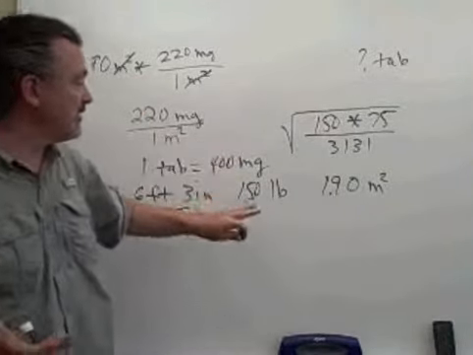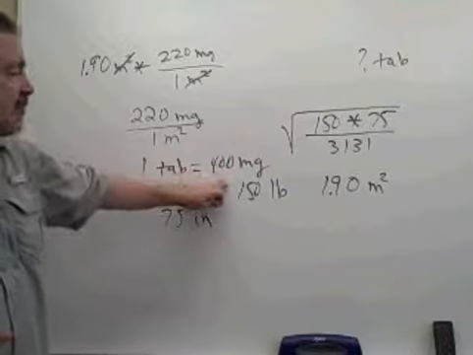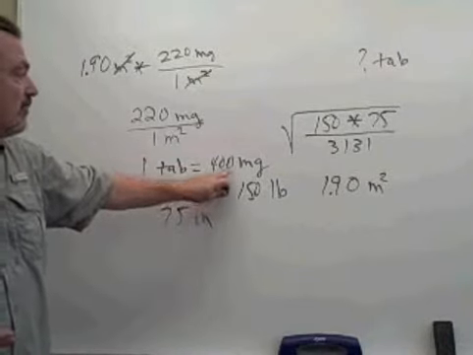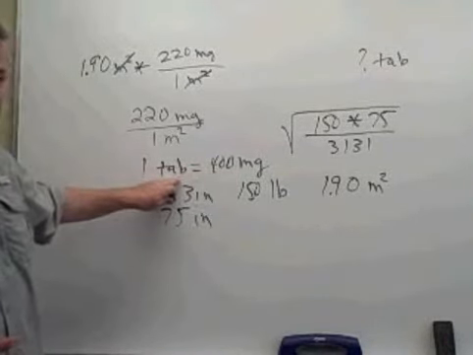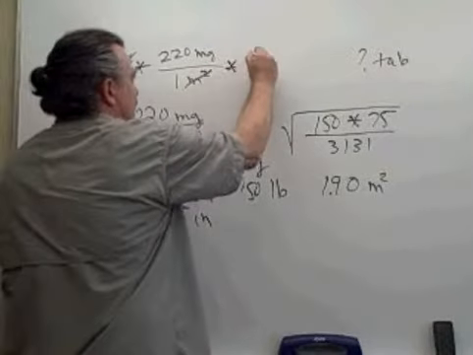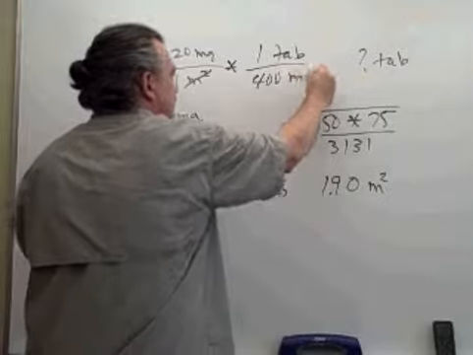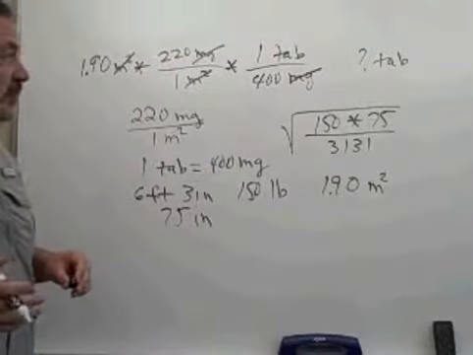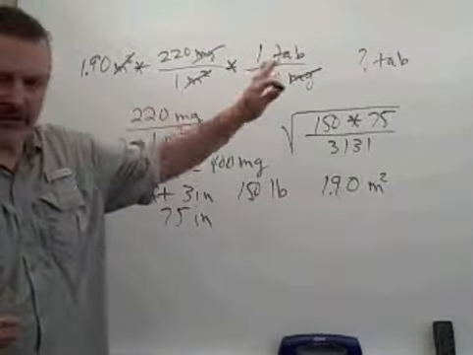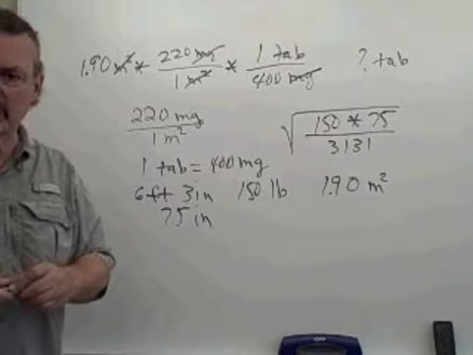But I want to know how many tablets, so now I have to use my equivalents from the label. 400 milligrams are in each tablet. So one tablet contains 400 milligrams. My milligrams will cancel, leaving me the number of tablets the patient should receive.